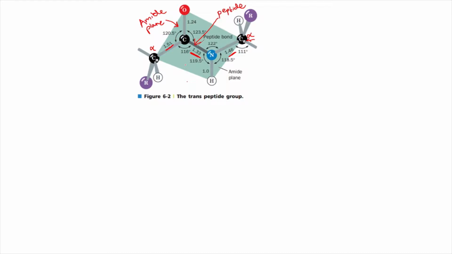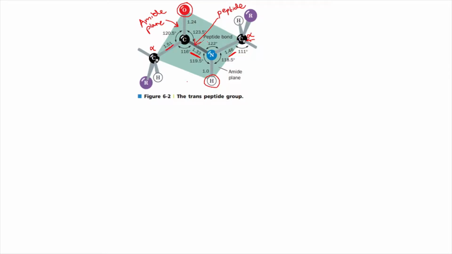Now one more factor you can notice here: this is the oxygen present in the peptide bond, and the hydrogen attached to the nitrogen of the peptide bond. The oxygen is present upwards and the hydrogen is present trans to it, that is in the opposite direction, downwards.